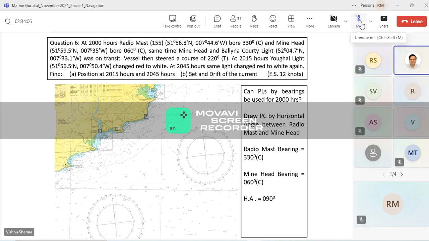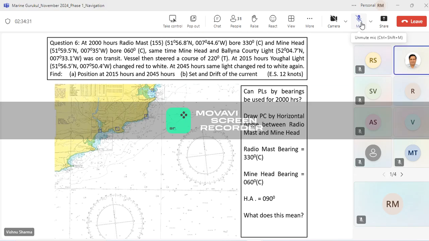Special case, when horizontal angle is 90 degrees, then how do we get the PC, guys? Intersect the two lights and the transit bearing. Very good. The baseline will become the diameter of the circle, correct? Yes, sir. So we find the midpoint and draw the circle on the side of the ship.